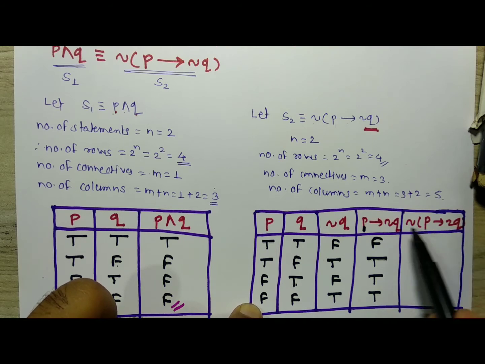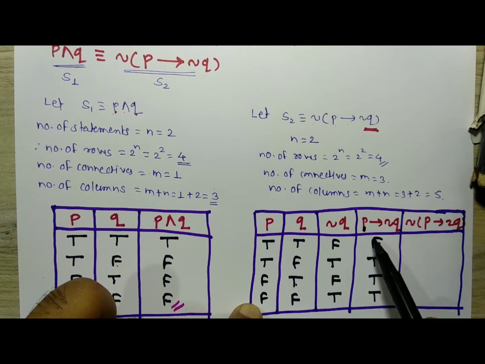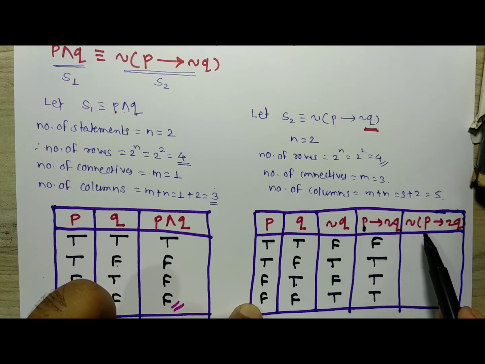otherwise it is true. Then now in the last column we get the negation of this column, and according to the negation rule, if this statement is true, then you will get false, and if this statement is false, then you will get true.